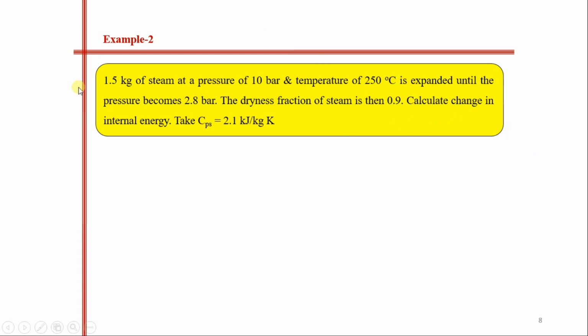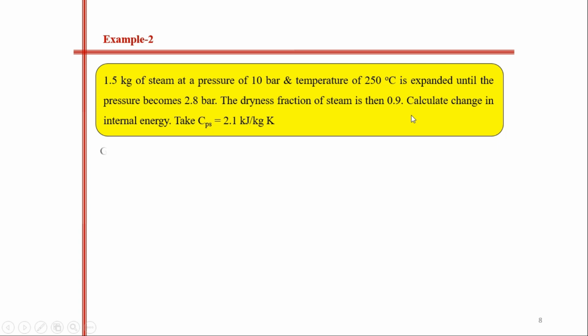Calculate the change in internal energy. Take Cps equal to 2.1 kilojoule per kg Kelvin. So initially we are given steam at 10 bar pressure and 250 degrees Celsius. Then that steam is expanded until its pressure becomes 2.8 bar and it becomes wet with x equal to 0.9.